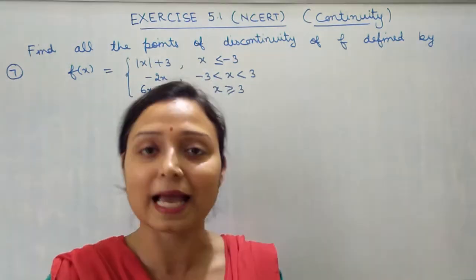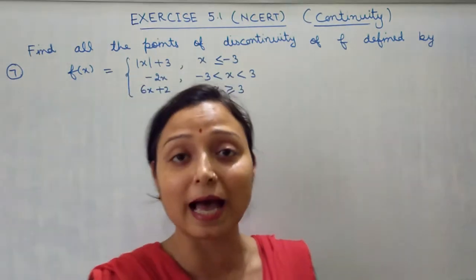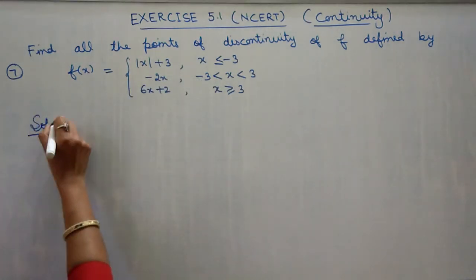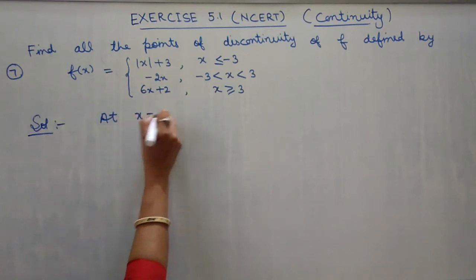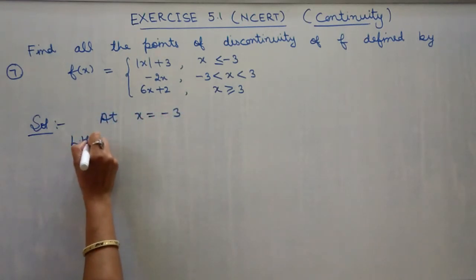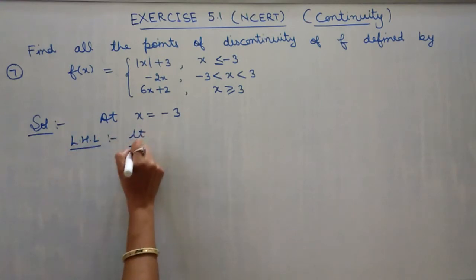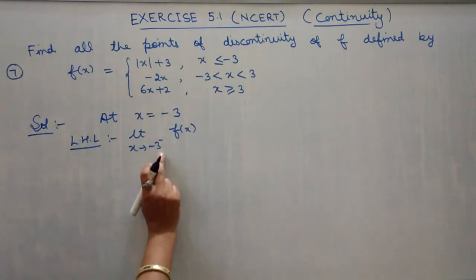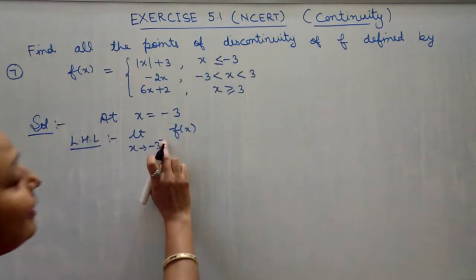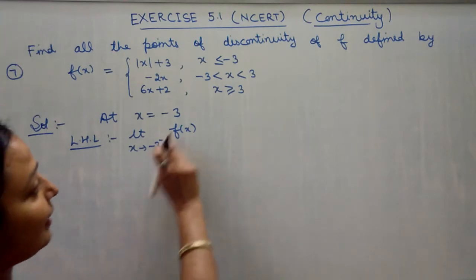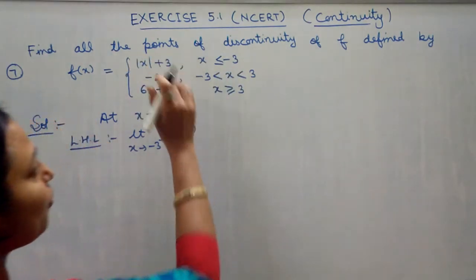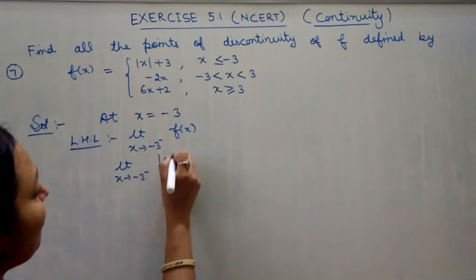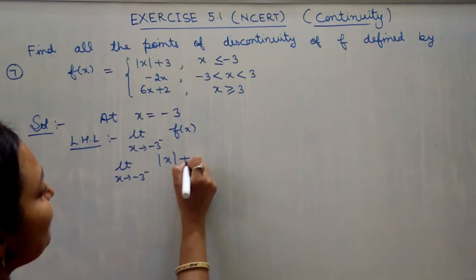So let's start with the function's value at x equals -3. When you want to solve it, you have to take the left hand limit, x approaches -3 negative, of f(x). For values less than -3, the function is mod x plus 3.